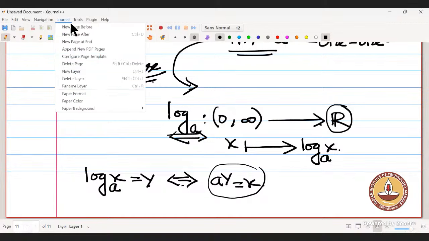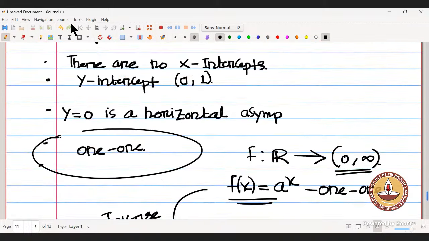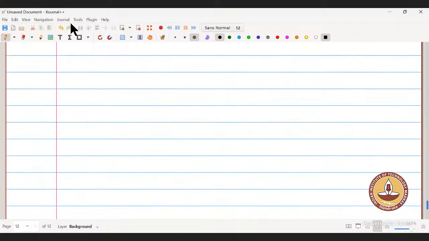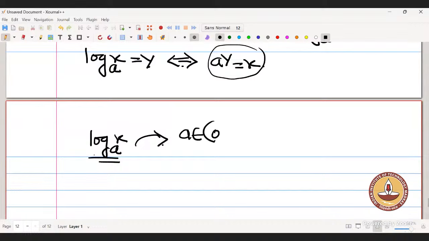Let me go to the next page. Similarly, since this a has two sets of range, when I am defining log of x, a is also in two ranges: between 0 and 1, and 1 to infinity.